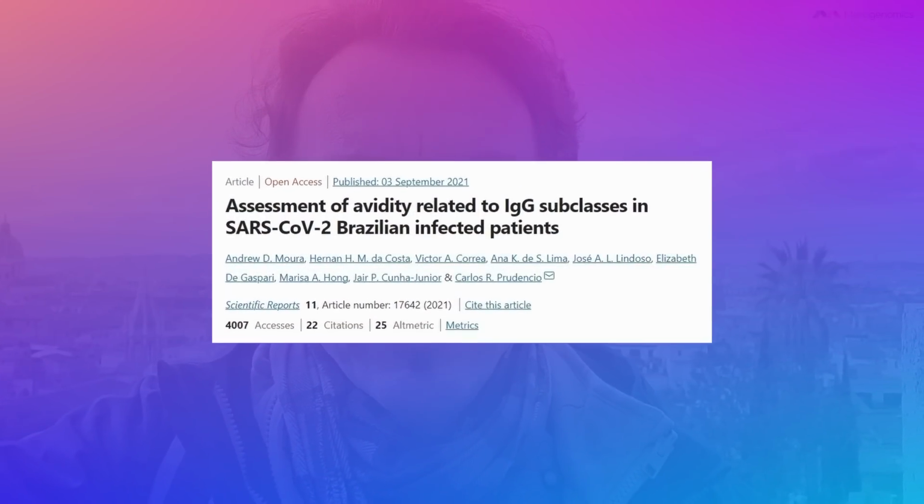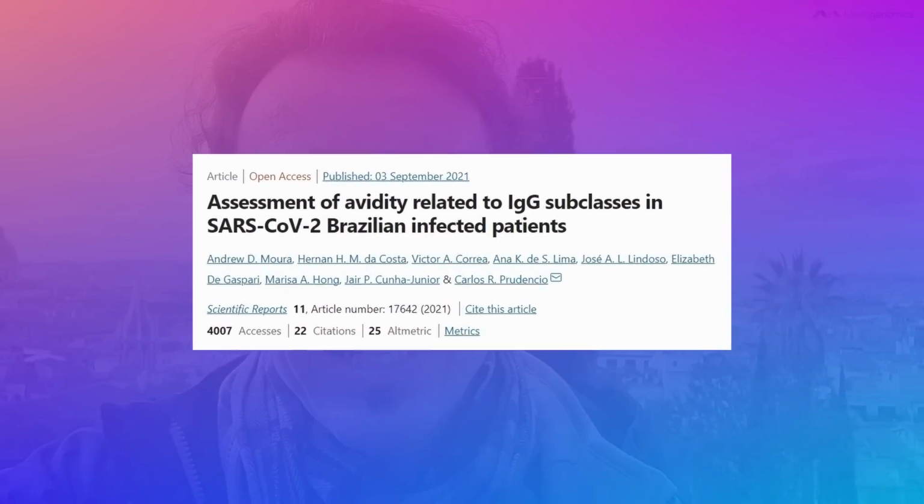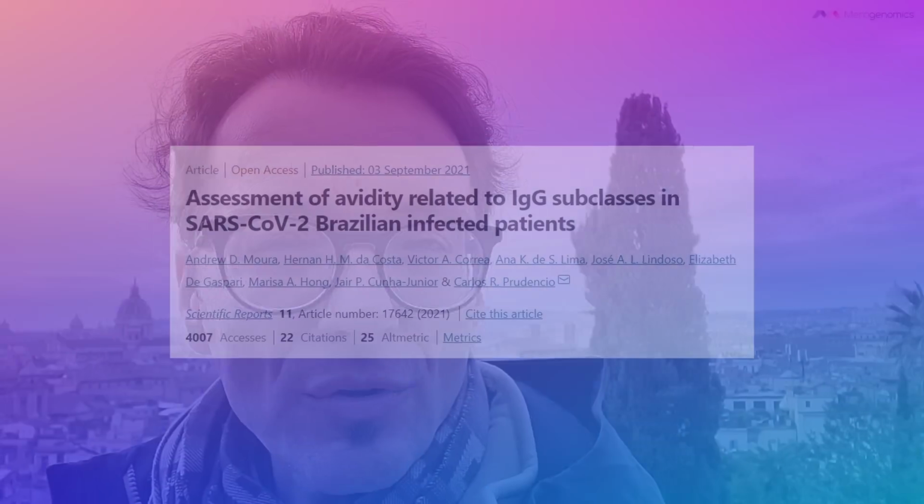IgG4 antibodies are actually still somewhat mysterious. We are only starting to learn more about them, so we still have to know exactly what they do and how they function. As a consequence, there are not too many studies to tell us what is going on. But there are earlier studies, one that came from Brazil, for example, that showed that an increased level of IgG4 antibodies in COVID-19 patients correlated with more severe outcomes, okay?